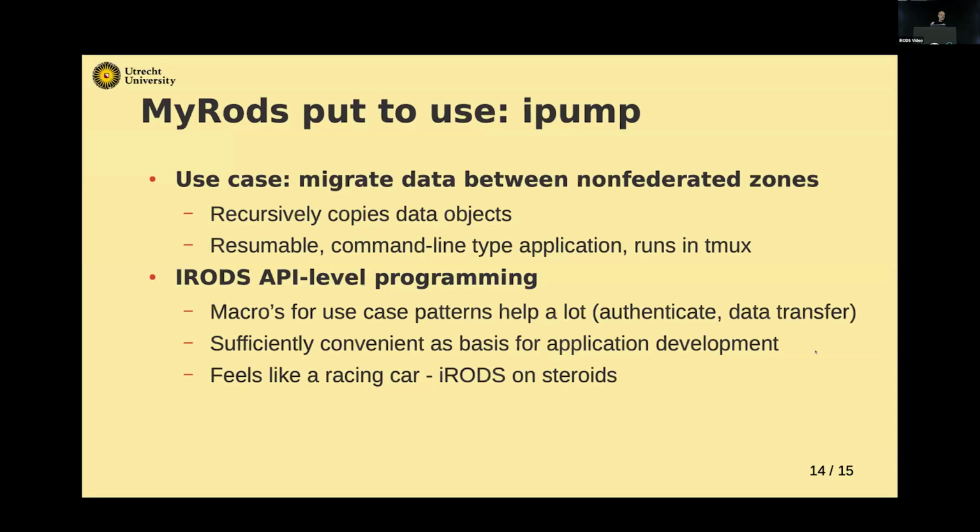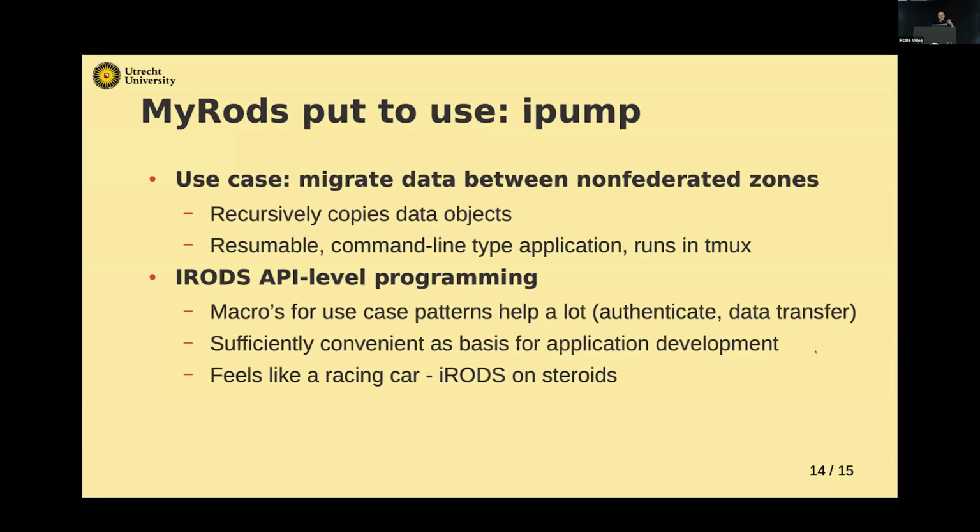And we run it in a tmux session, it's great. It feels like you're in a racing car compared to doing other things. So iRODS can be extremely fast. It's just that things surrounding iRODS can take back some of the performance.